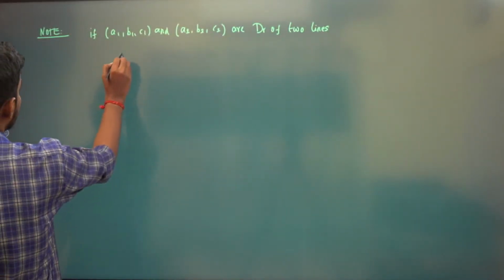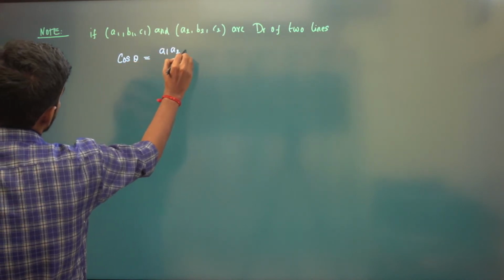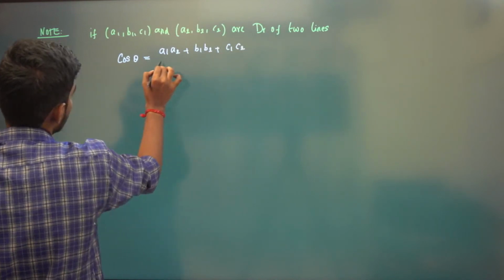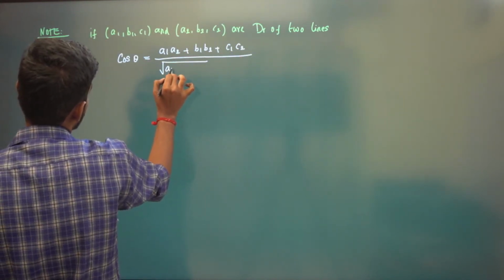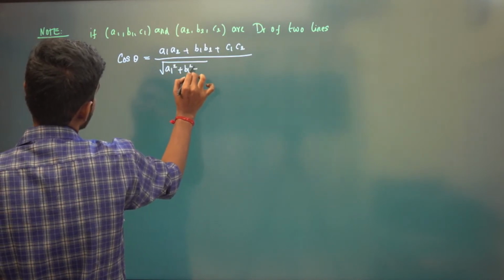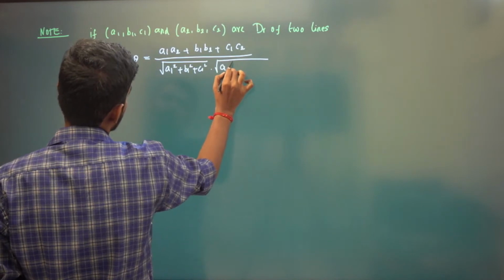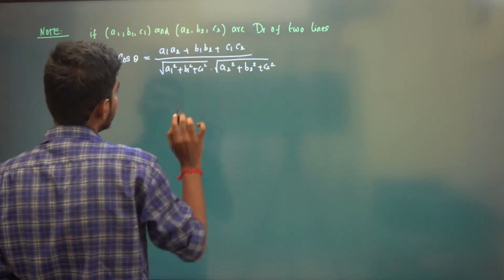We know, right? Cos theta is A1 A2 plus B1 B2 plus C1 C2 divided by root of A1 square plus B1 square plus C1 square into root of A2 square plus B2 square plus C2 square.